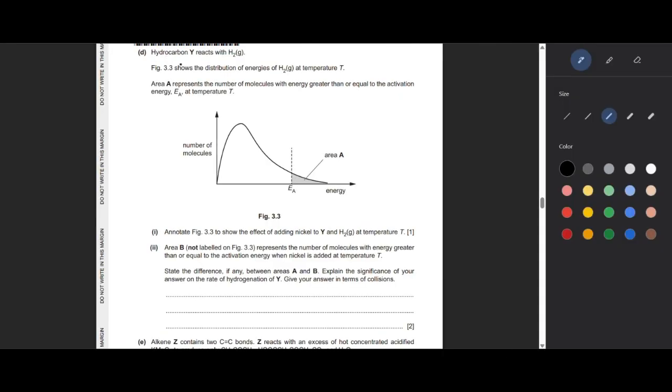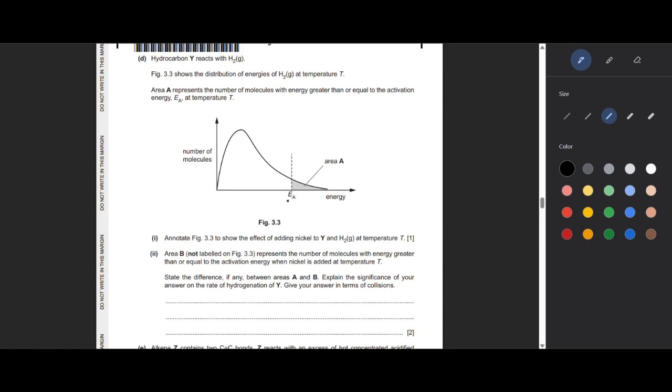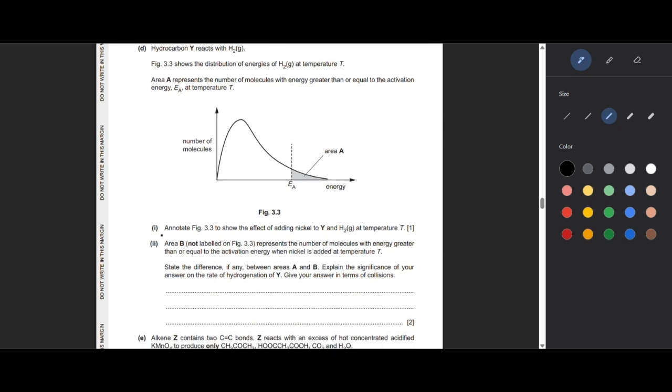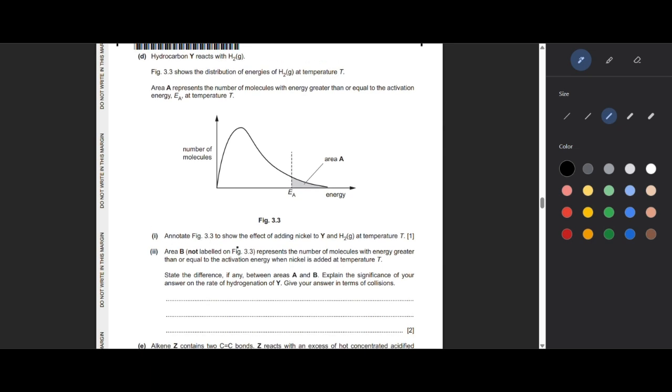Next question: hydrocarbon Y reacts with H2 gas. Figure 3.3 shows the distribution of energy of H2 at temperature T. Area A represents the number of molecules with energy greater than or equal to the activation energy EA at temperature T. The question: annotate figure 3.3 to show the effect of adding nickel to Y and H2 at temperature T. So we have to add the effect.